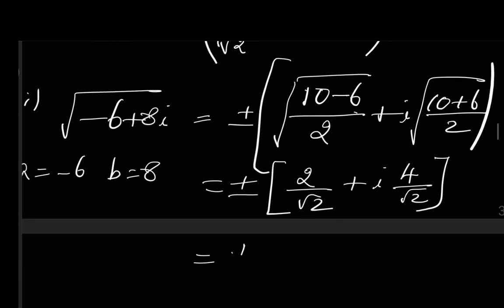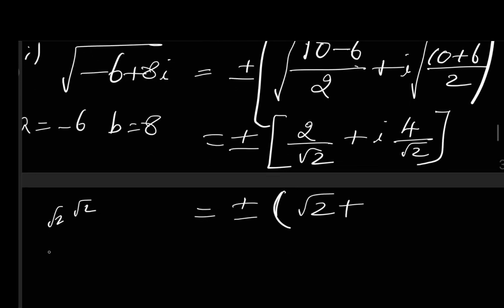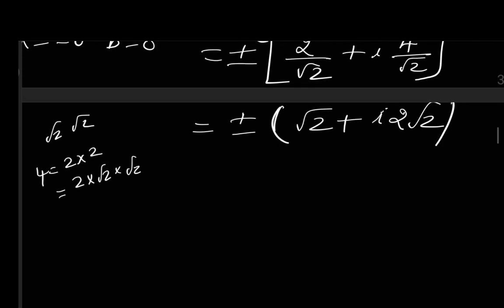This is equal to plus or minus 2; I can replace it as root 2 into root 2, so one root 2 gets cancelled. Plus 4; I can write 4 as 2 into 2, 2 into root 2 into root 2, one root 2 gets cancelled. So plus i 2 root 2. This is the answer. Just remember the formula, that's all.